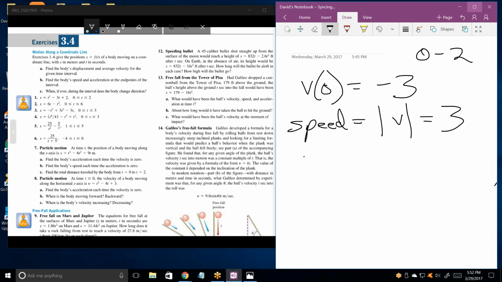Now, acceleration is the first derivative of velocity. Well, remember what our velocity function was. The velocity function was 2t minus 3. In other words, the first derivative of our position function is our velocity function. So what's acceleration?